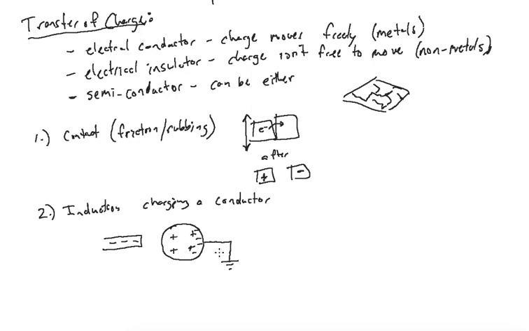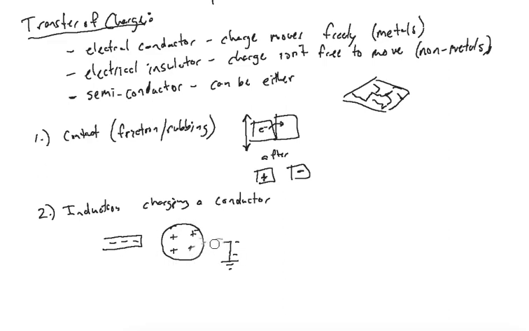So we put this ground here, and these electrons want to get as far away from these other electrons as they can, so they start traveling down the ground wire, and they go literally into the Earth, into the ground, the planet, right? So all these negative charges go off and leave, which makes this positively charged.